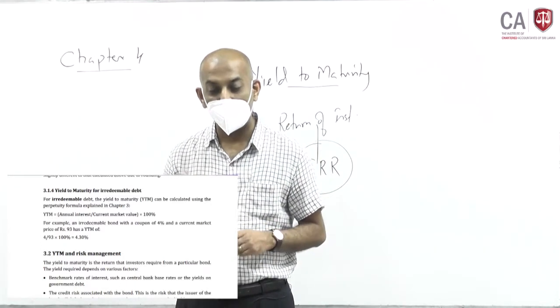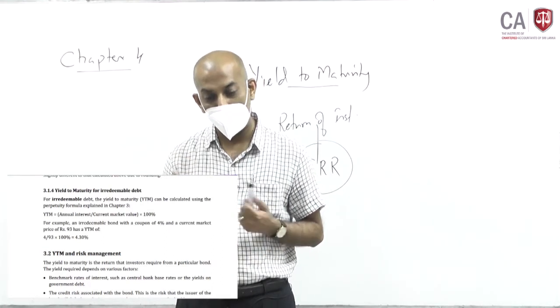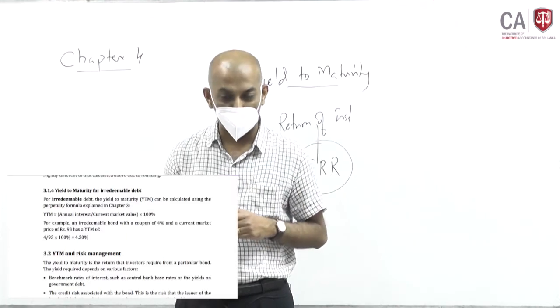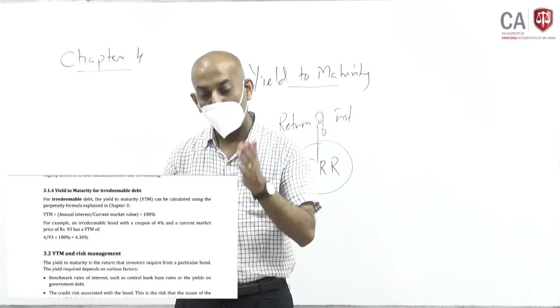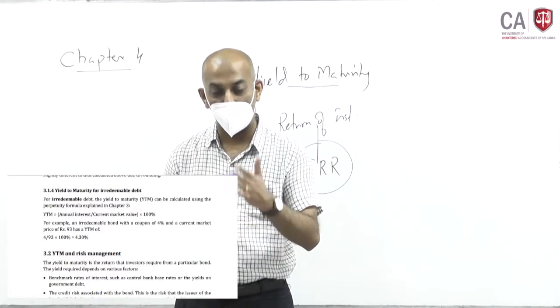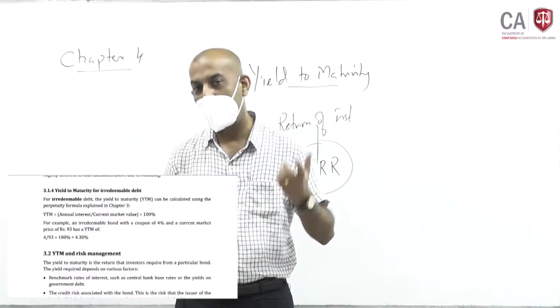That gives you 4.3%, which is the yield to maturity or the IRR of the instrument. 4.3%, not the 4%. 4% is the coupon rate. 4.3% is your yield to maturity. That is for irredeemable debt: you divide your annual coupon by the market value.